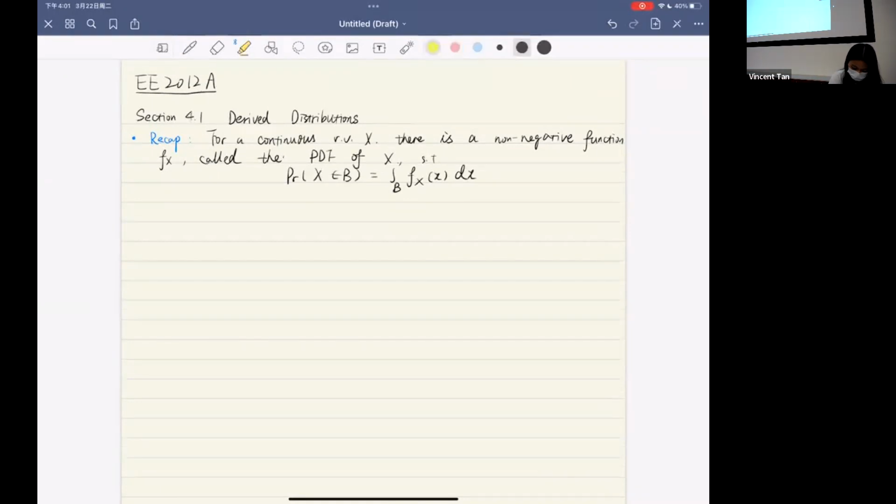So this function here is called the PDF of a continuous random variable X. This is what we have learned in the previous lectures.